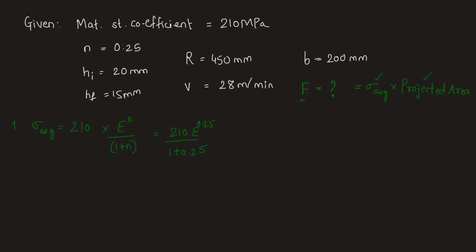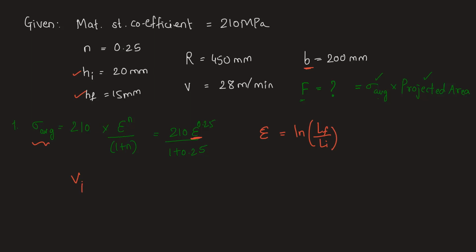So to find average flow stress, we will have to find out true strain epsilon. True strain by its definition is nothing but natural log of final length upon initial length. Now we don't know the final and initial lengths, but we do know the final and initial thickness of the slab, and we know the width. Also we know that width remains the same. Now the volume of the material that passes through the rolls will remain the same.